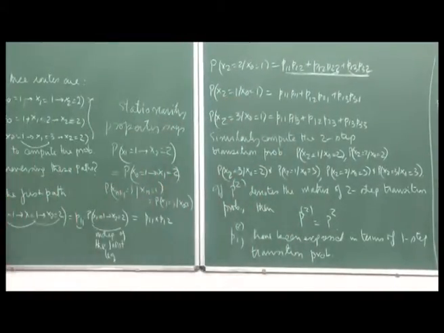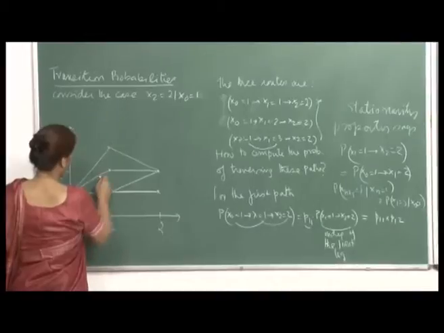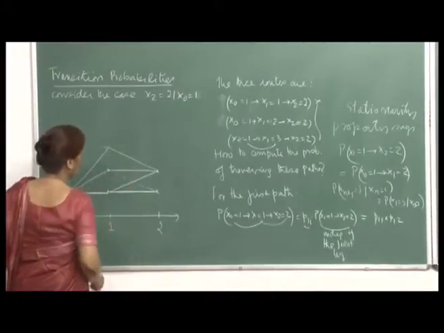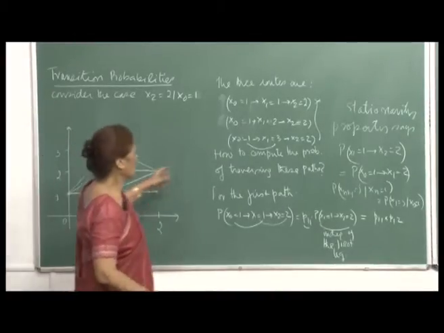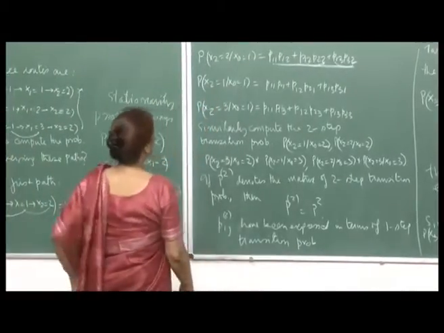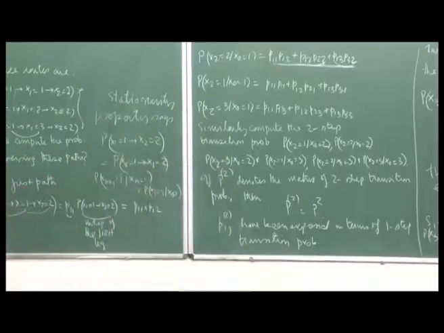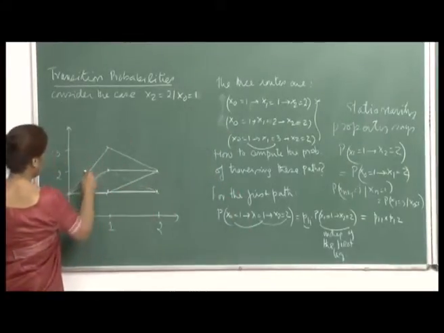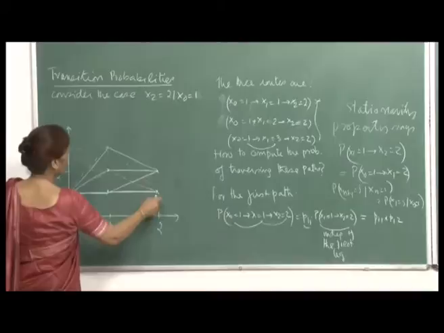And the third path would be 1 to 3 and then 3 to 1.